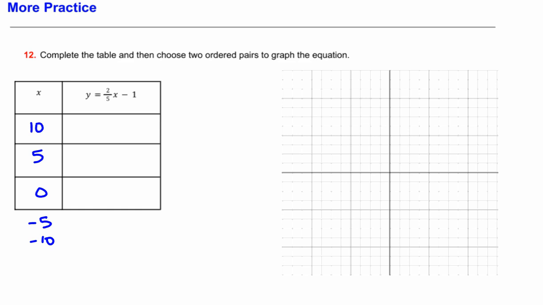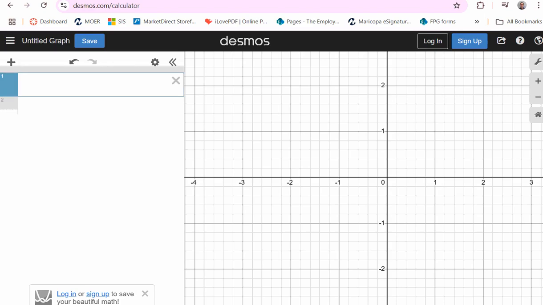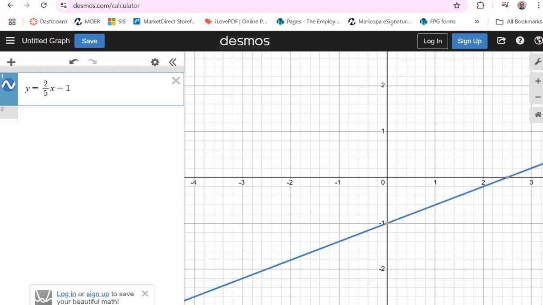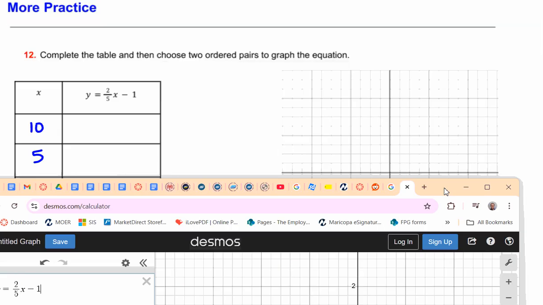The other thing I'm going to do is look at this on Desmos first, get an idea, make sure we're doing it right. So I'll come here to Desmos and I'll type in y equals 2 divided by 5, and I got to hit over, x, oops, and then -1. I think that's what the equation was. Let's double check and make sure that is right. 2/5 x minus 1.